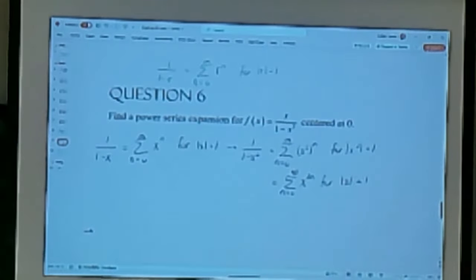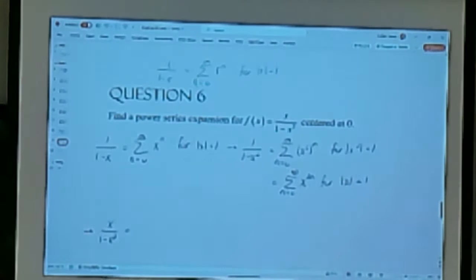Well, how do you think we're going to get x over 1 minus x squared? Can our c be x? In a sense, that's what's going to happen. Look at it this way, because you're not always going to have geometric. How do we go from 1 over 1 minus x squared to x over 1 minus x squared? What did we do? Multiply by x.